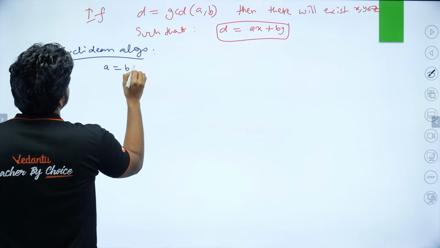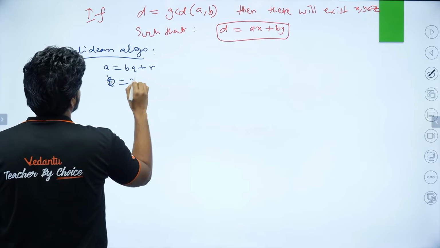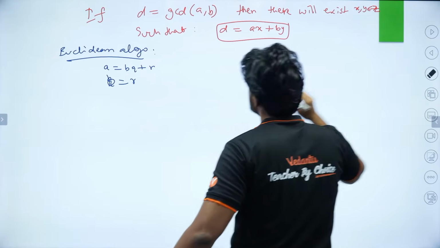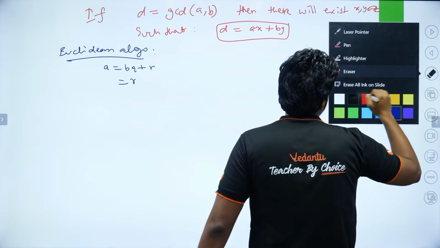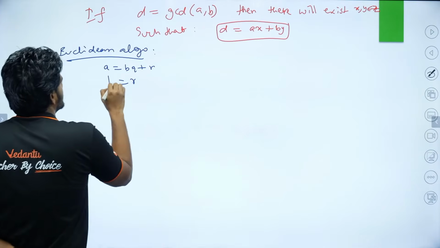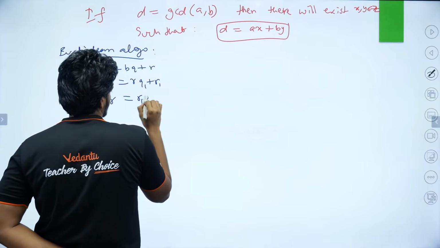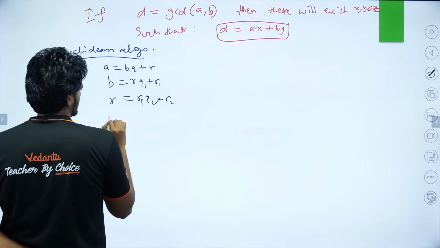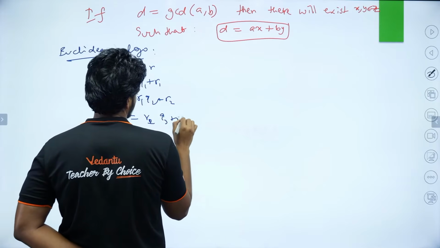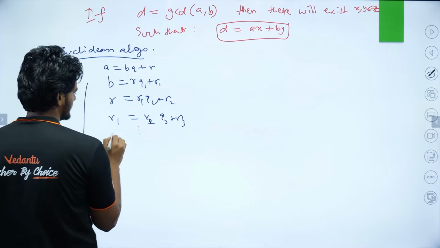We write A is equal to BQ plus R, B is equal to RQ1 plus R1, R is equal to R1Q2 plus R2, R1 is equal to R2Q3 plus R3, and so on. But let us assume that it terminates after these steps.